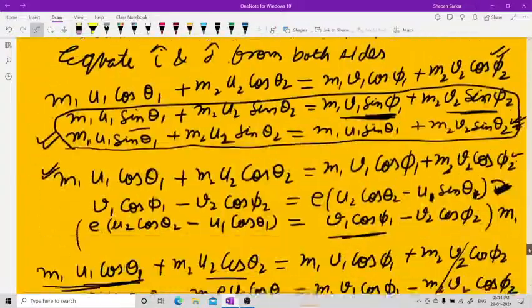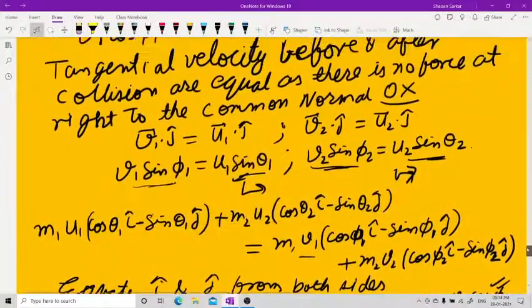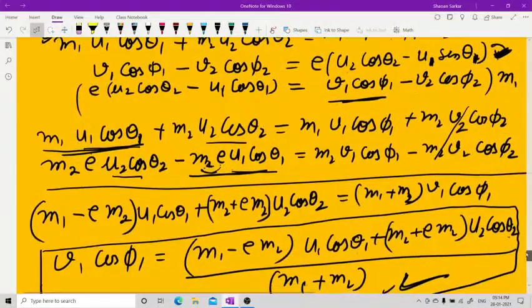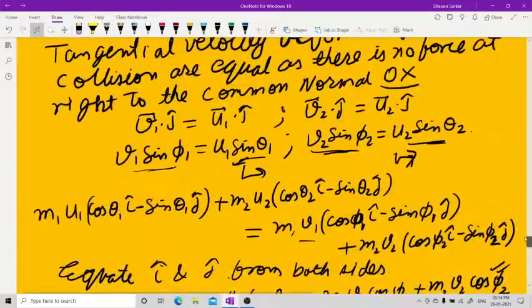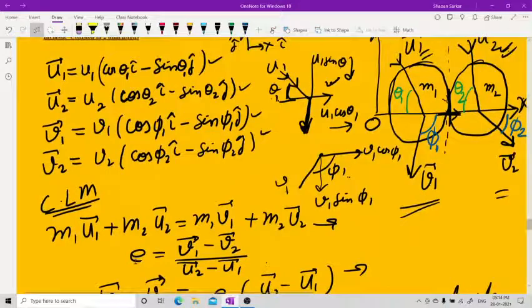I hope you will remember. I have to place this u1, v1 cos into this equation. I have to put those values here, especially in this part. I know these values. I have to put this v1 cos phi 1 and v2 cos phi 2.